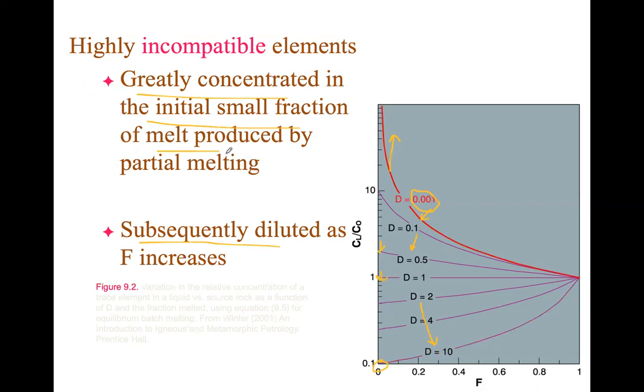That is obvious, normal, natural. From here onwards, you get mostly compatible elements into the solid, whereas before D is less than 1, you get most of the incompatibles into the melt. That is why the incompatibles are getting diluted in the liquid, due to more incompatibles coming into the liquid, right?